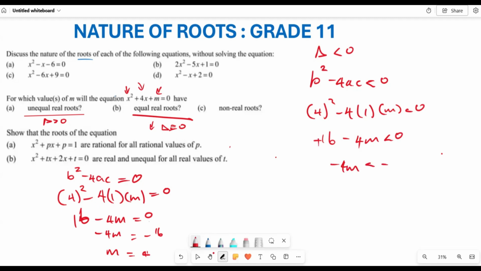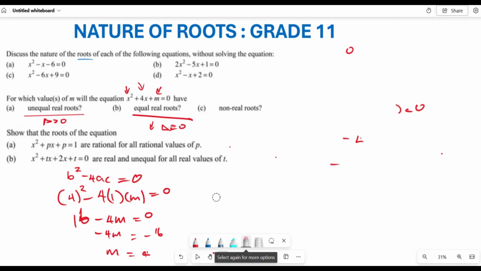So your m, when you divide by negative 4, is greater than positive 4. Are we all fine? So basically that's what you are going to do in this particular question. Now let's look at the last question.